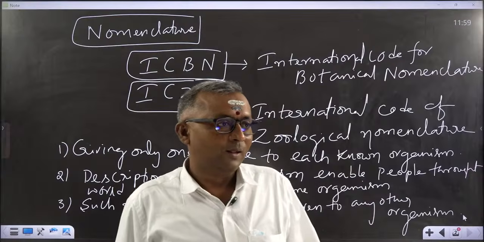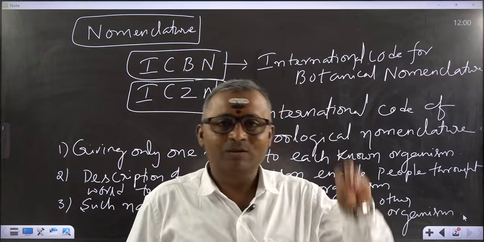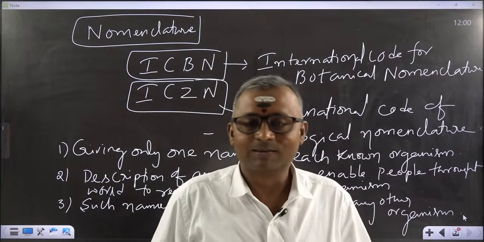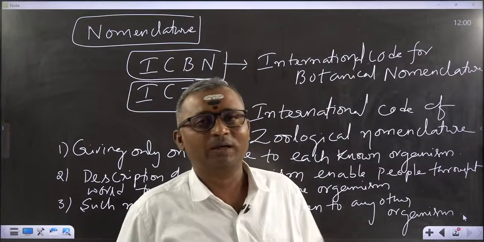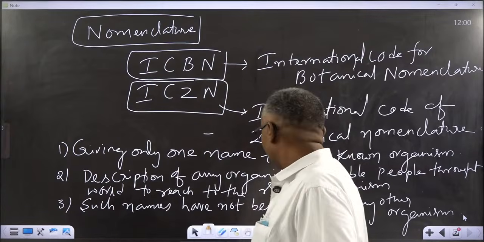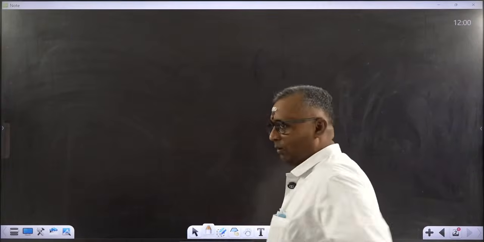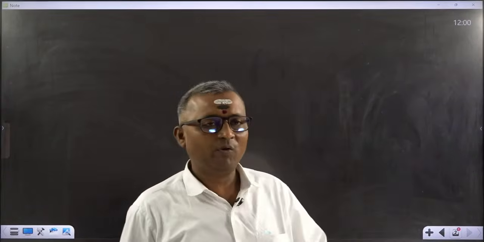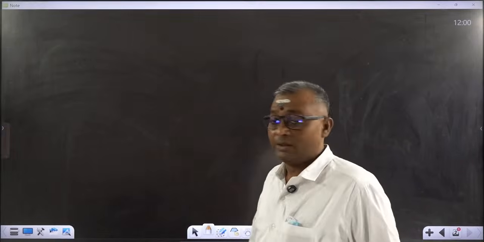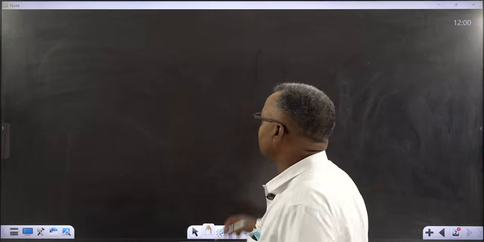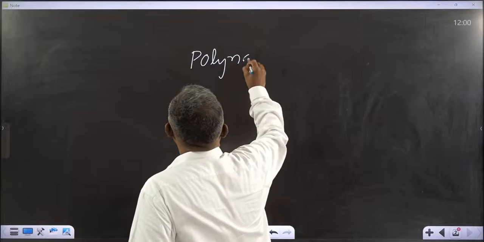But before going into the nomenclatural system further more details, let us see how this nomenclature came into the existence. In the earlier days, in the olden days, like before Linnaeus period, even at the time of Linnaeus, there was a system which was in practice that is called polynomial system.